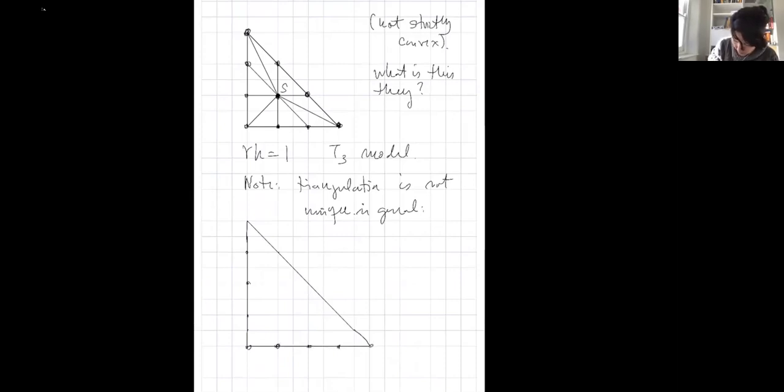Once you go to this model here, this is now a higher rank theory. This is T4, and I would like you to again look at the possible triangulations you can have here, and also the structure of how the decoupling works.